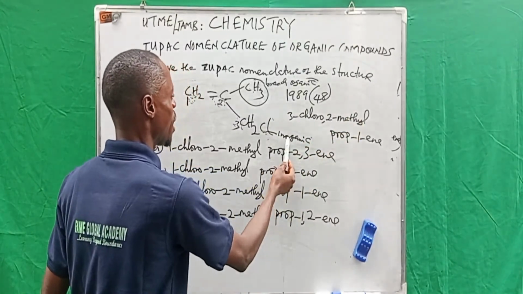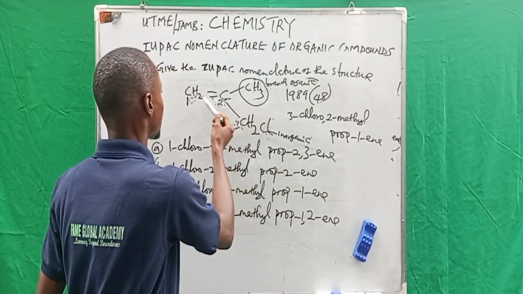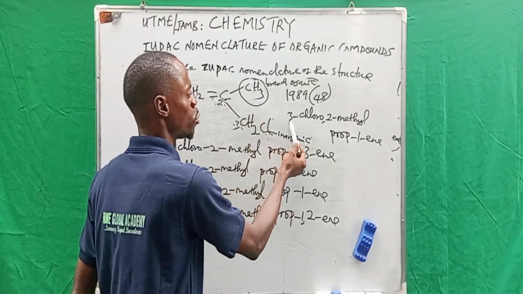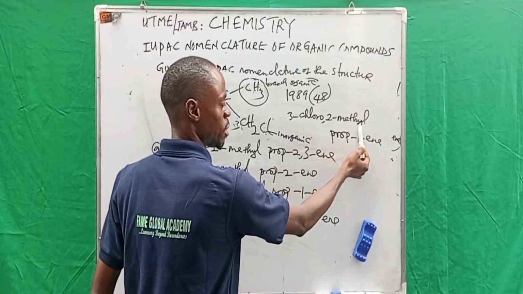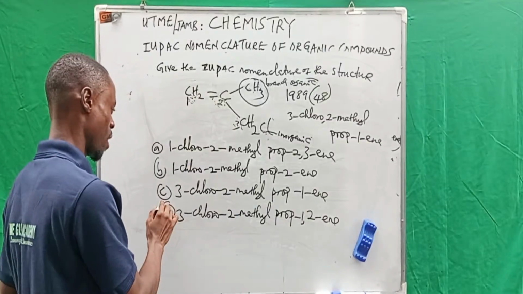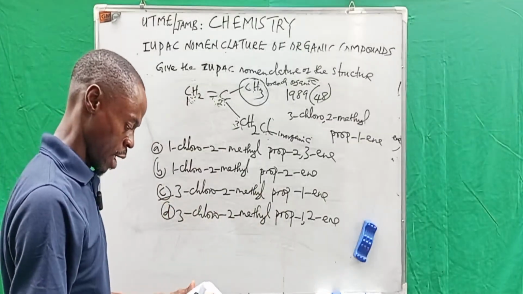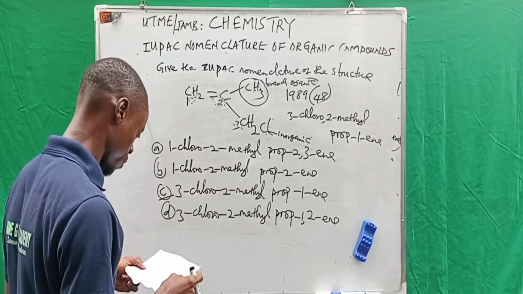Organic. The inorganic is at carbon atom 3, which is chloro, while the organic is at carbon atom 2, which is what? Methyl. So this shows us the position of the chlorine and the position of the methyl. So you say 3-chloro-2-methylprop-1-ene. Of course, we have 3-chloro-2-methylprop-1-ene. Are you following me? I hope it's simple enough.